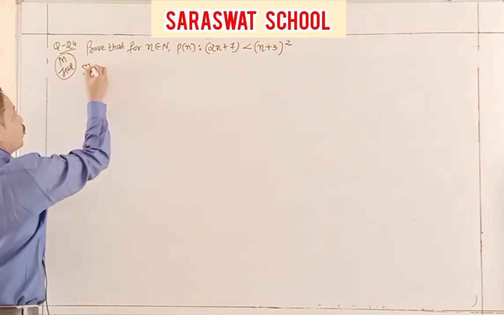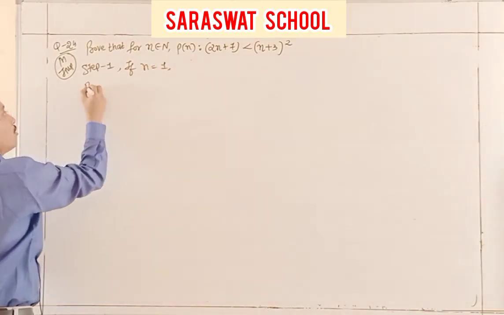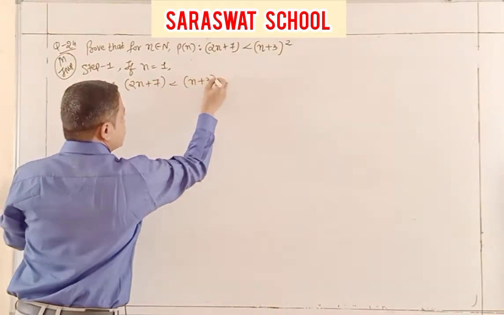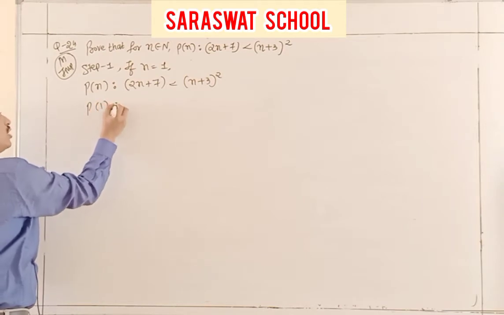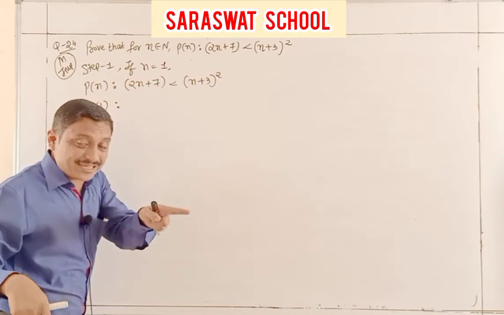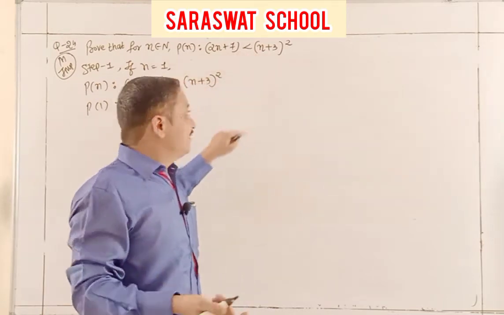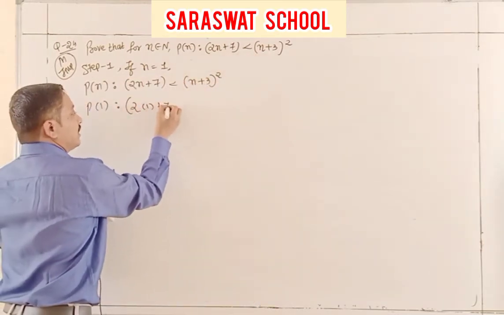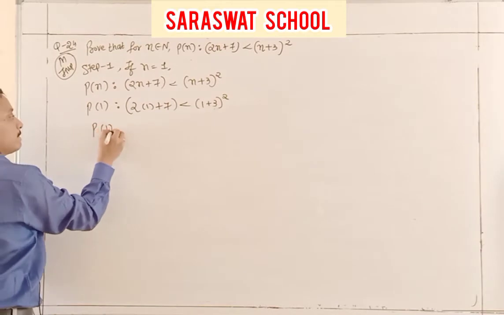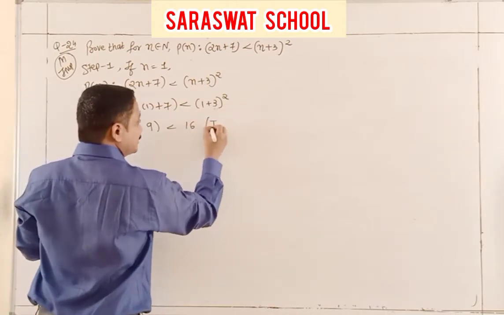Step 1: if n is equal to 1, put it in P(n): 2n plus 7 is less than (n plus 3) square. Again, don't write LHS, RHS because it is not an equality; it is an inequality, less than or greater than. So we get 2 into 1 plus 7 and (1 plus 3) square. So P(1): here 9, here 4 square is 16, and 9 less than 16 is true.